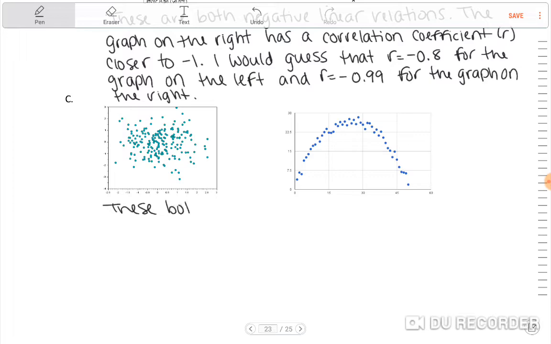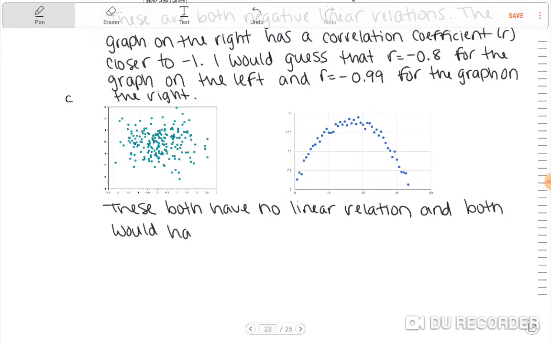These both have no linear relation, and both would have a correlation coefficient close to 0.